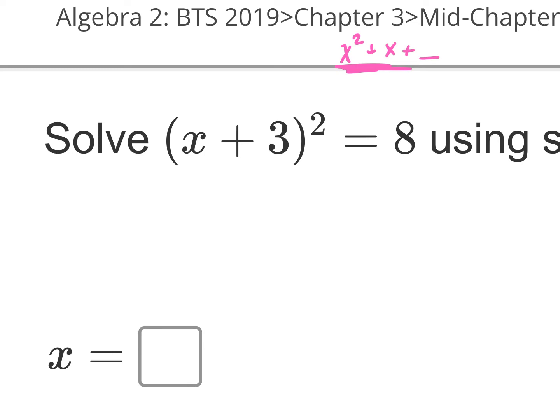How do I get that x all by itself? How do I get rid of the squared? Square root both sides. So I square root both sides. It'll cancel out on the left. So x plus 3 is equal to what?